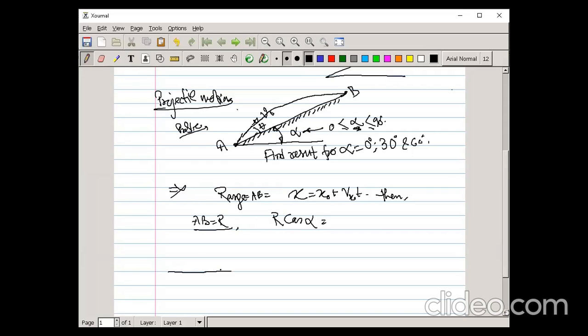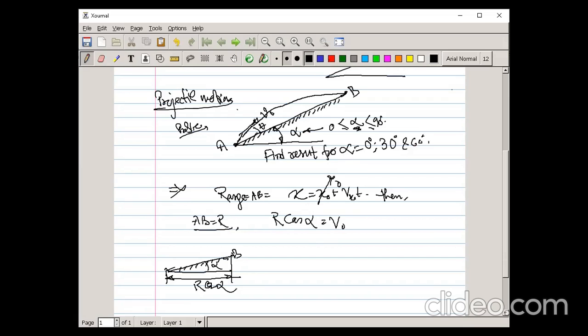If this is our base, this is AB, this is alpha, then this portion is R cos alpha. Clear? So R cos alpha is equal to initial displacement, which is 0, plus Vx0 t, and Vx0 is nothing but V0.